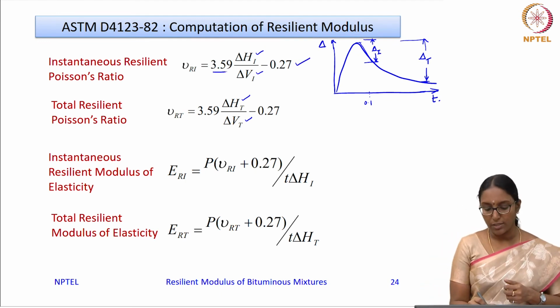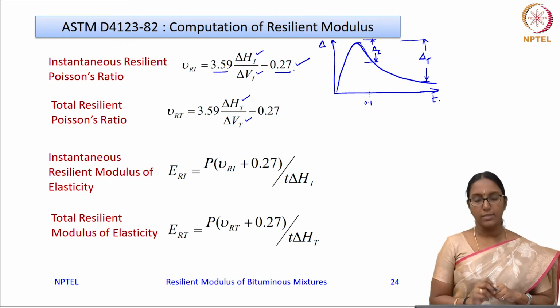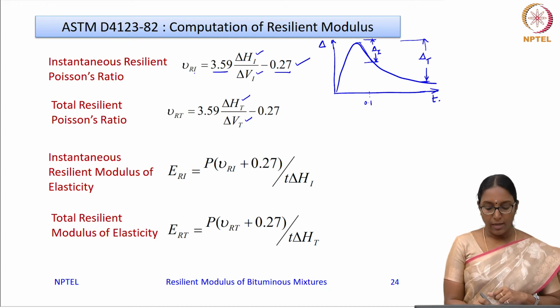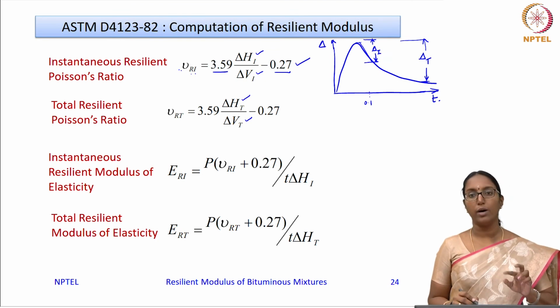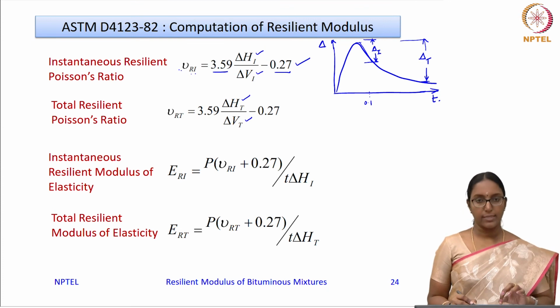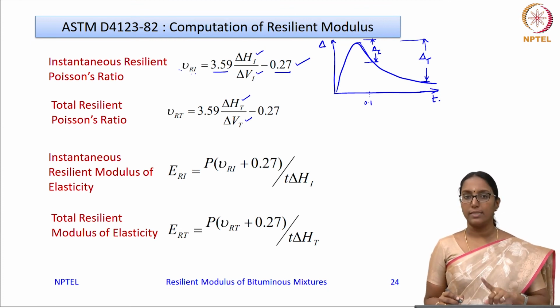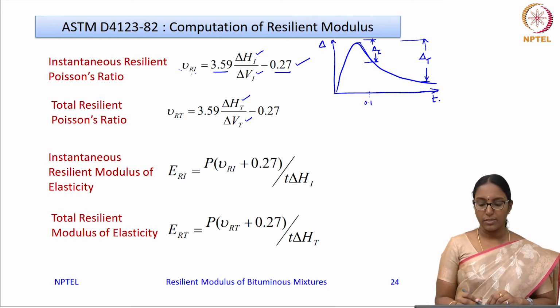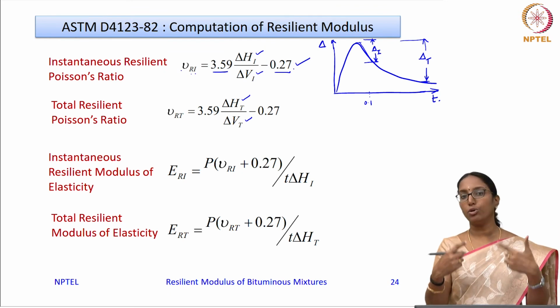You have certain constants here related to the gauge length and its arrangement. So this is the expression for finding the instantaneous recoverable Poisson's ratio. It is noted as nu Ri. I stands for the instantaneous part and R is called the resilient. Okay. So nu Ri corresponds to the instantaneous resilient Poisson ratio, which is computed using this expression. Now, as I said, you can note the total recovery also.